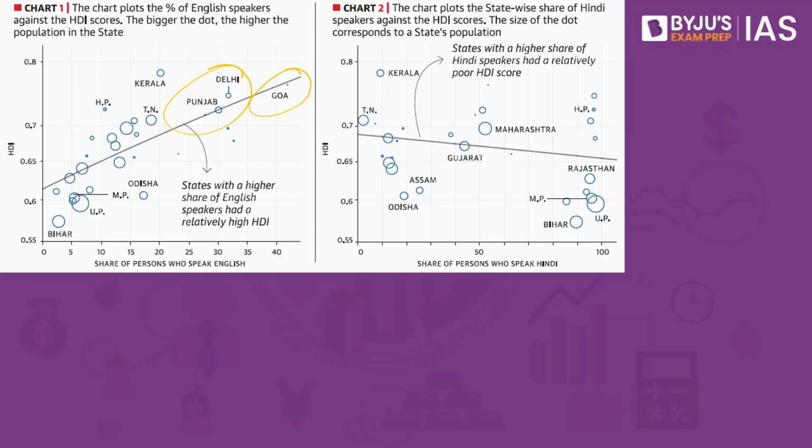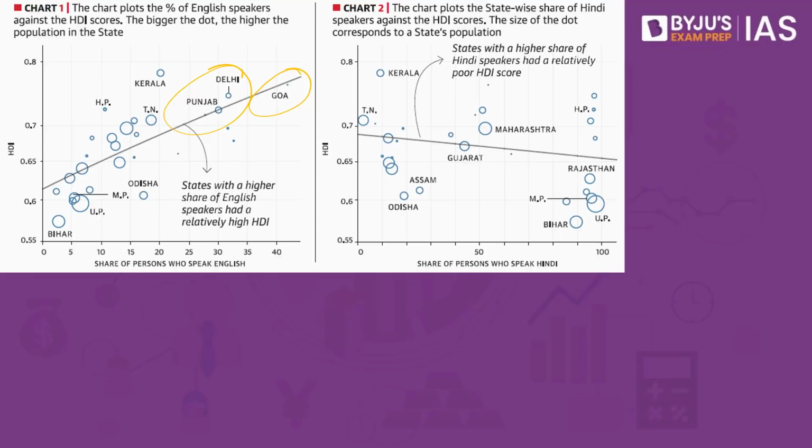So he says in those states or union territories where English is being spoken, the standard of living is much better. They are able to articulate themselves better. They have much better livelihood means and mechanisms, which ultimately means a better Human Development Index.